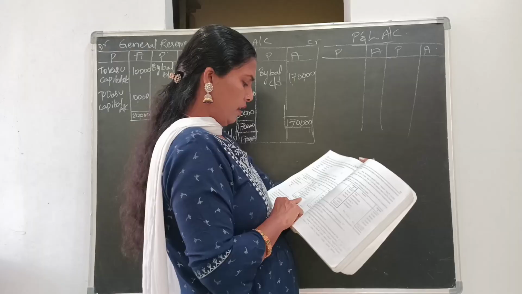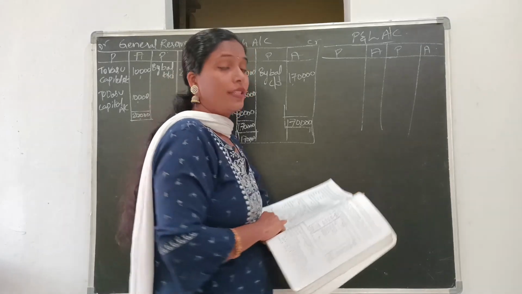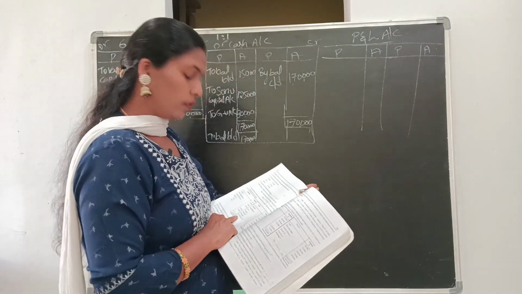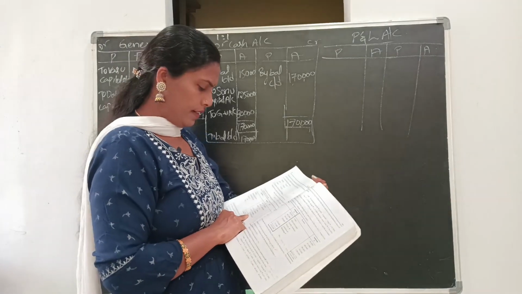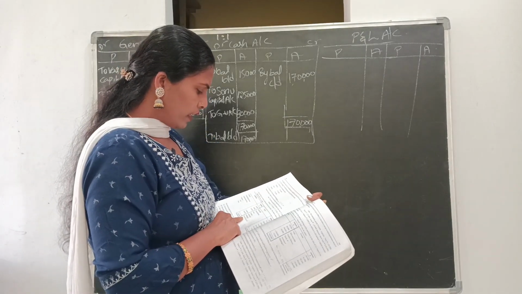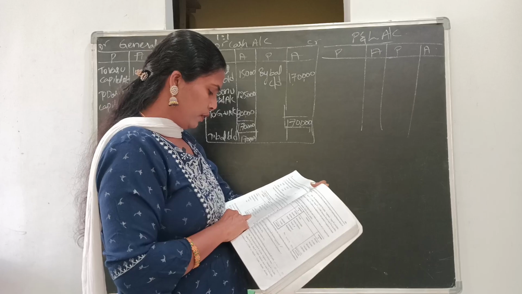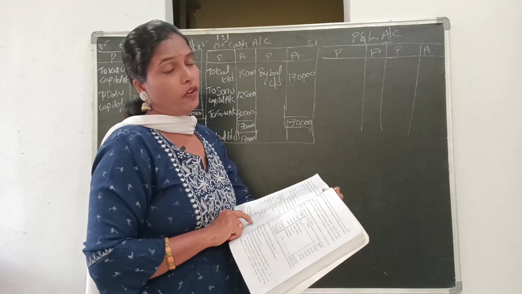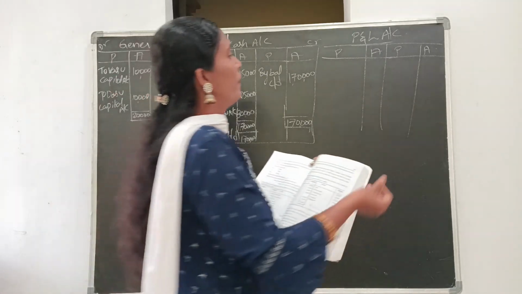Now we'll prepare the profit and loss account. Particulars, amount. The loss is given. What is the journal entry for the loss? We need to distribute the loss among the partners: Vasu's capital account debit, Dasu's capital account debit, to profit and loss account. So we are crediting the profit and loss account.